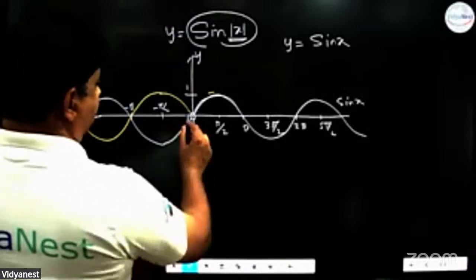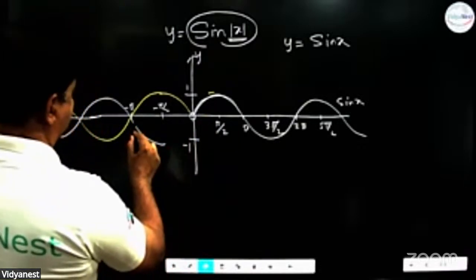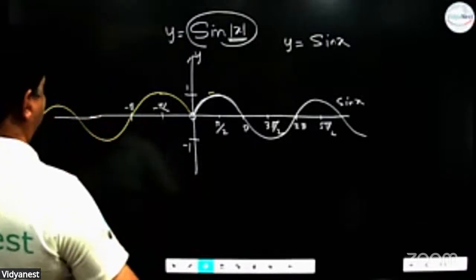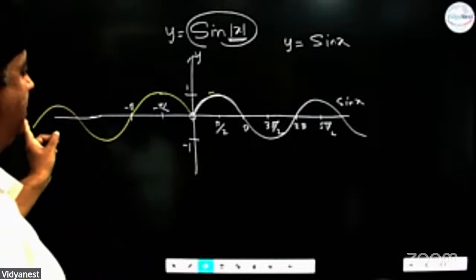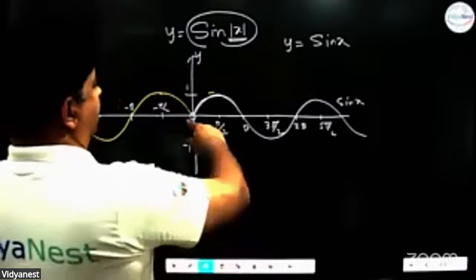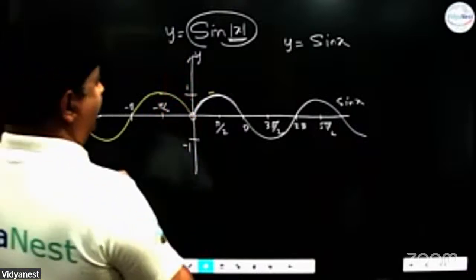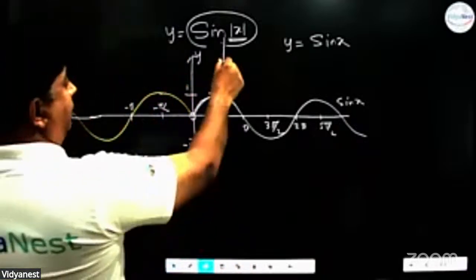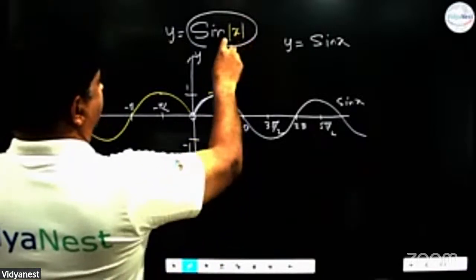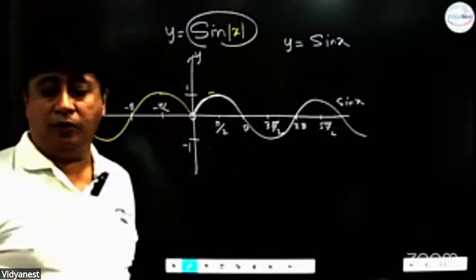Okay. See, you wrap this part. This is the sine mod x graph. Okay? See, you observe this part's image I have got in the left hand side with respect to the y-axis, because we were already taught that if mod x is given, then the image or reflection will be drawn with respect to the y-axis.